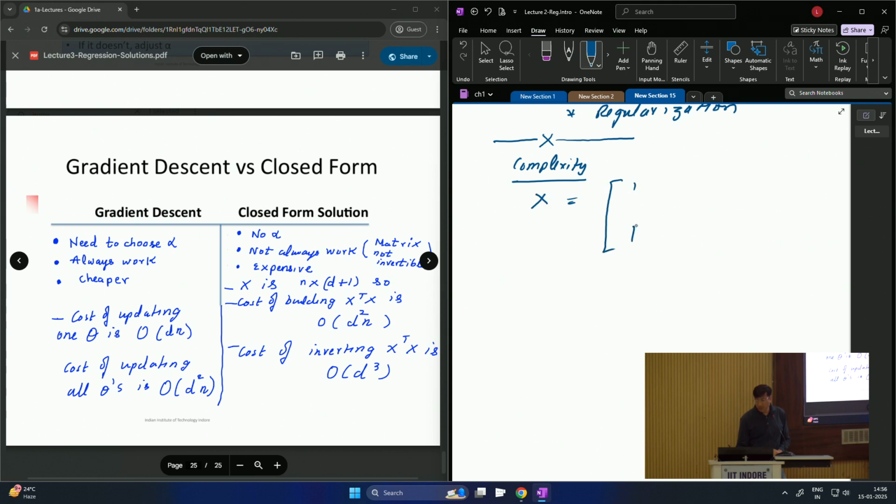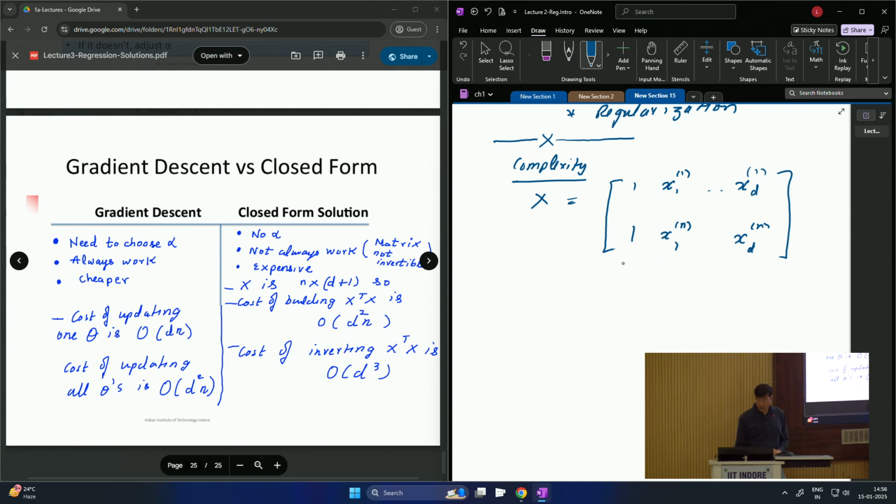It was all ones, and then you were taking the first point, its first dimension, the nth point in its first dimension, all the way till the first point, its dth dimension, and the nth point, its dth dimension. Correct? In machine learning context, these x's are typically referred to as the feature vectors because these are the input to your problem. So that's the name which we use, the features.